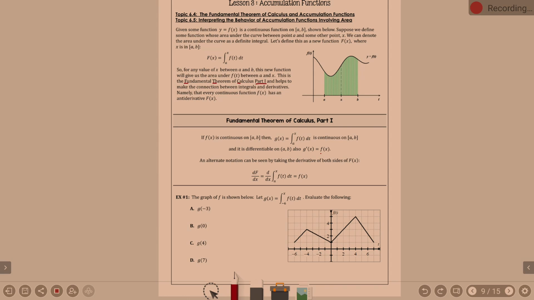That is notation we often see: the derivative of an integral is going to be equal to this function right here. Notice it has the upper limit plugged in there. So when you do the derivative of an integral, it's equal to the inside with that upper limit plugged in. And again, we'll look at that as we go, okay?